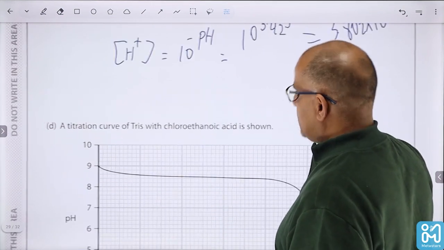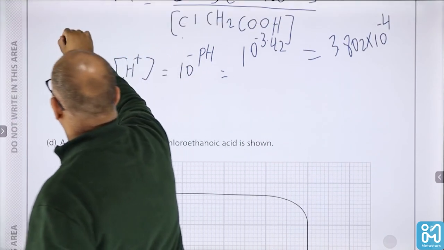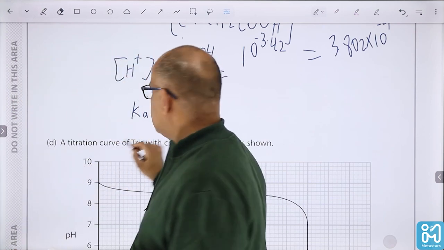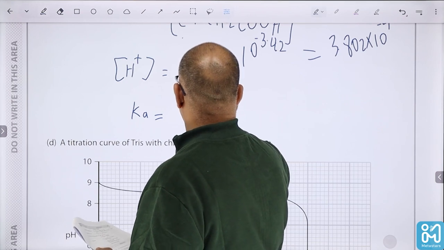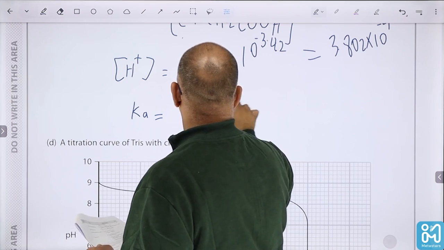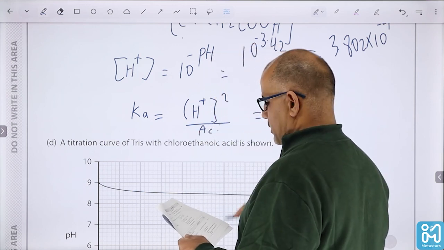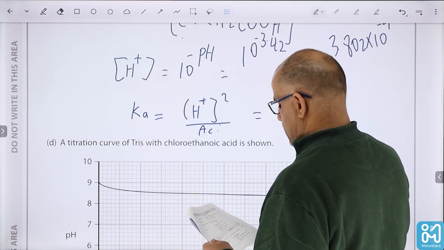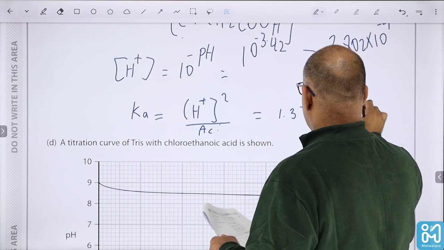The formula is applied and we will find Ka equals the H plus concentration squared over the acid concentration, and this will give you around 1.37 times 10 to the power negative 3.